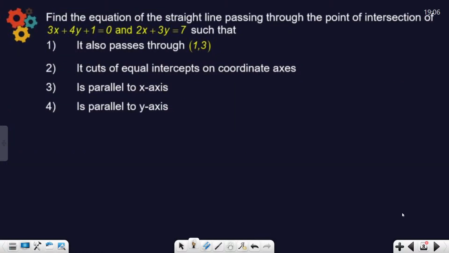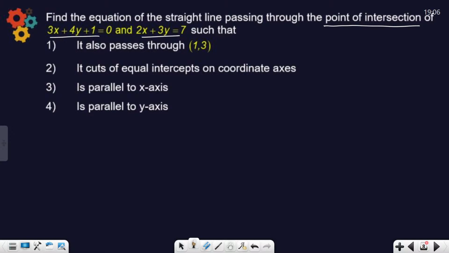See this question. The question says: find the equation of the straight line passing through the point of intersection of the lines this and this.